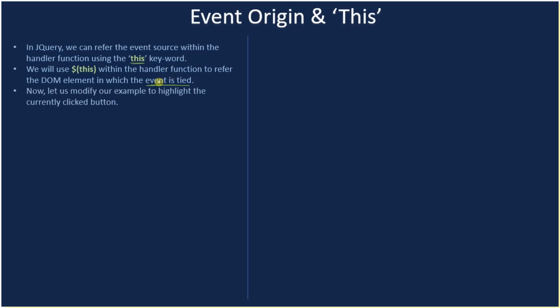Now let us modify our example to highlight the currently clicked button. As already told in the previous slide, it will be useful for the user to know in what text decoration mode they are in. To show the currently selected button, we will use the CSS border.